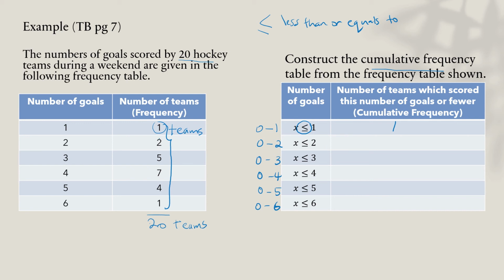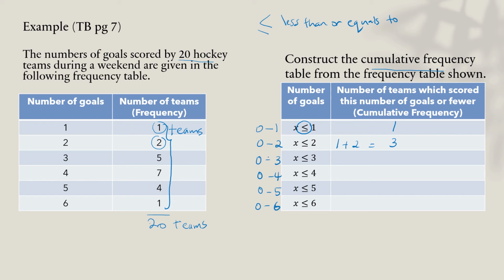So we know that there is 1 team that scored 1 goal and 2 teams that scored 2 goals. So we have 1 plus 2 giving us 3.